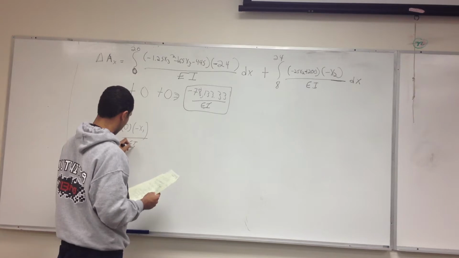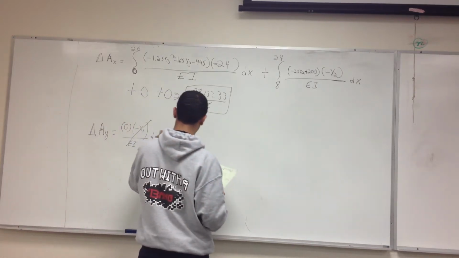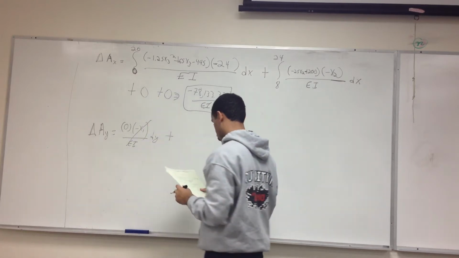We put it over EI times dy. That becomes 0. Now we go to our second moment cut.